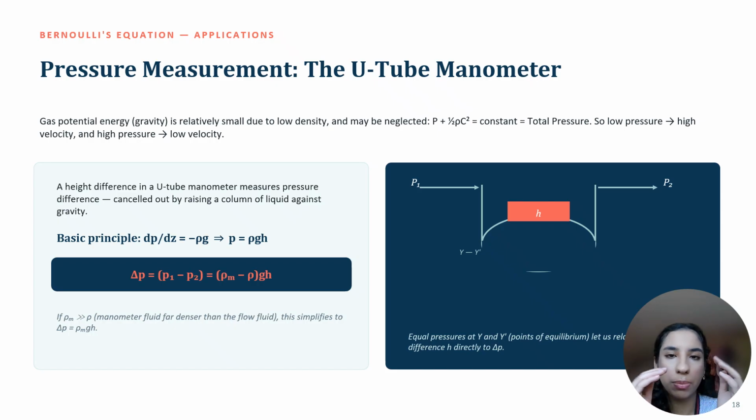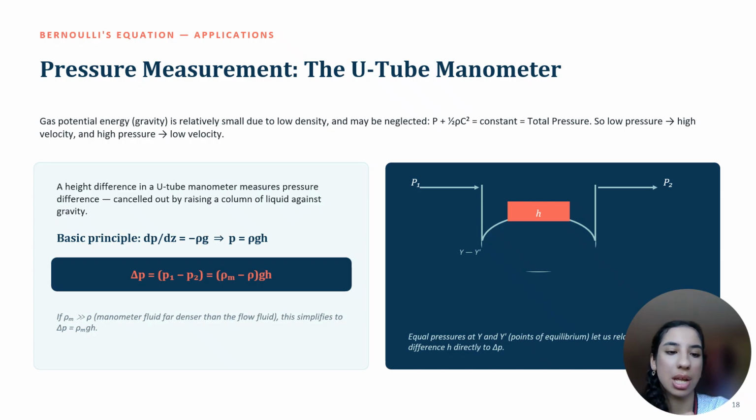So if you're putting a fluid in it and you want to find the pressure in that fluid, it's the change of height. It's balanced by raising a column of liquid against gravity. Now I don't have a U-tube manometer with me to show you, but that's the formula.